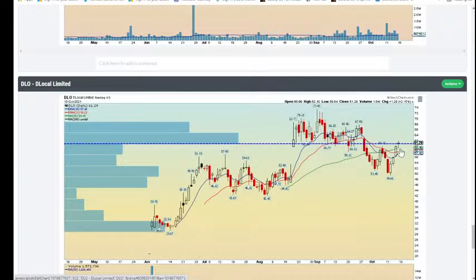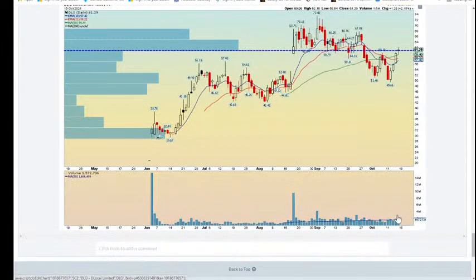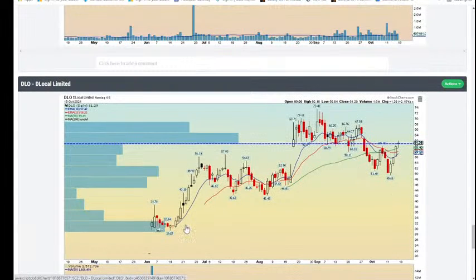This one didn't move as quick as what I would have anticipated, but it did kind of have a double bottom here, undercut the low and reclaimed, and then we'll just watch the volume here. Again, it's a newer IPO, so basically what happened is it just tested back to this initial IPO base and supply. Which is also, if you read the Lifecycle Trade book, which is a great book to read about IPO trading from some IBD CAN SLIM people that trade, it's on Amazon, I would check that out.